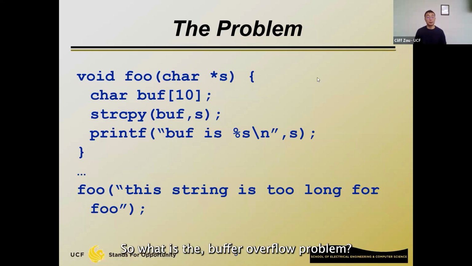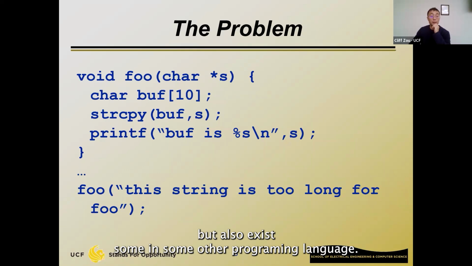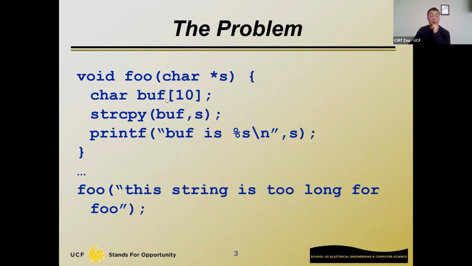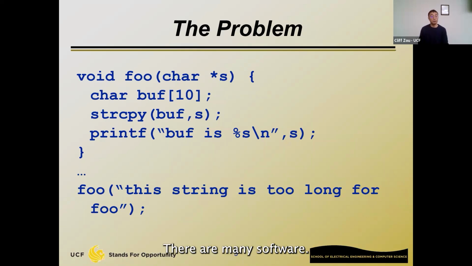Okay, so what is the buffer overflow problem? We will use C code as the example, but it doesn't just exist in C language, but also exists in some other programming languages. But most commercial software was programmed in C. Of course, right now there is a lot of software programmed in Python and Java, but those are more like front-end software.